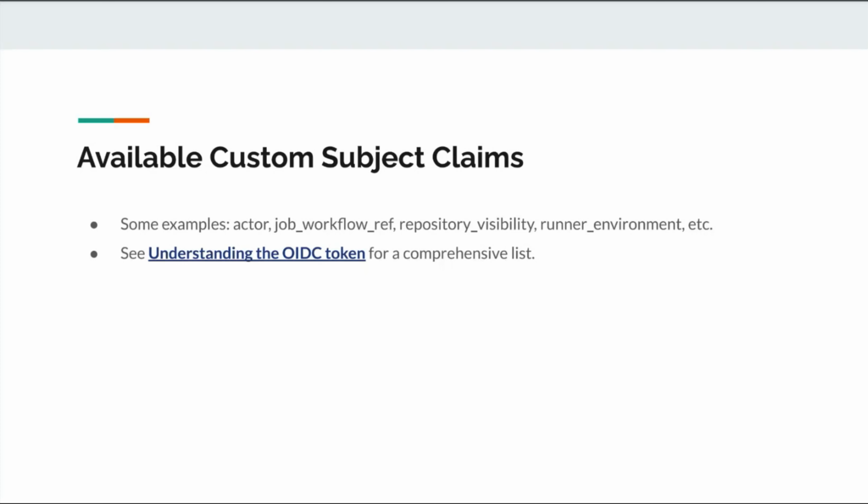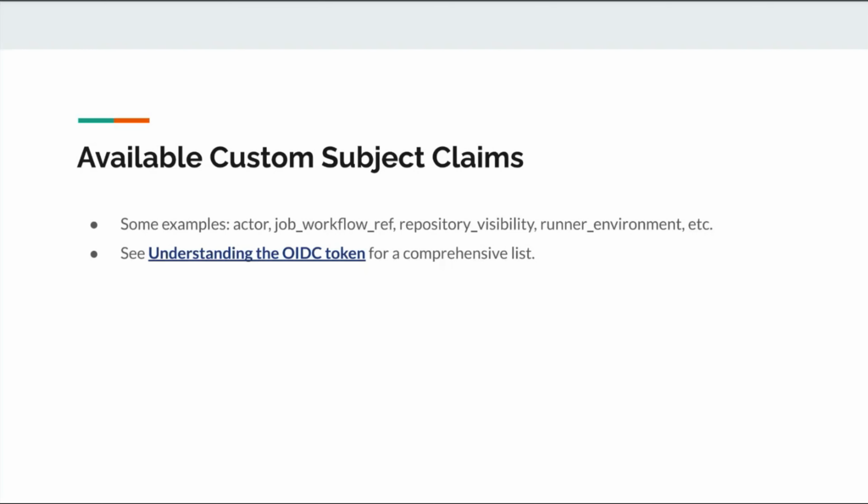So some examples of these custom subject claims. The actor, which would be the person that's actually kicking off the workflow. Job workflow ref, which refers to the name of the workflow that's running. Repository visibility, which might be something like, is it a private repo, internal repo, or public repo?